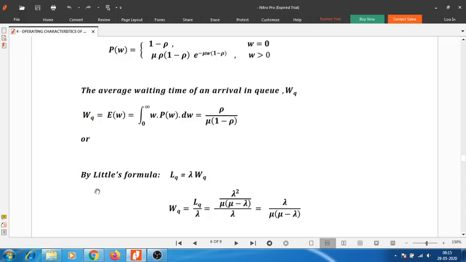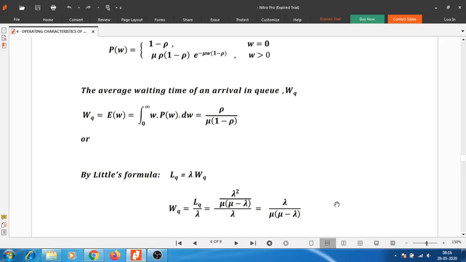So what about WQ? W stands for waiting time, and L stands for the expected number of customers in the queue, the average. This formula was already discussed in lecture number 1: the relationship between customers in the queue and the waiting time of the customer.